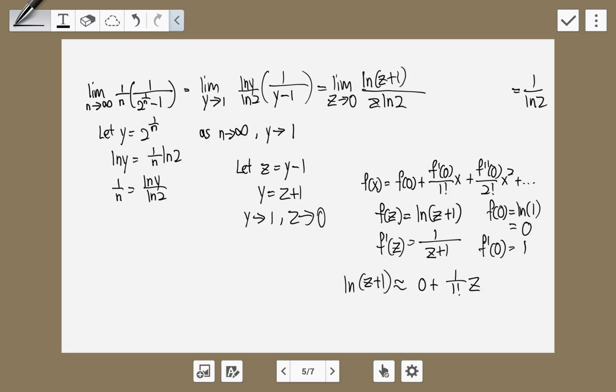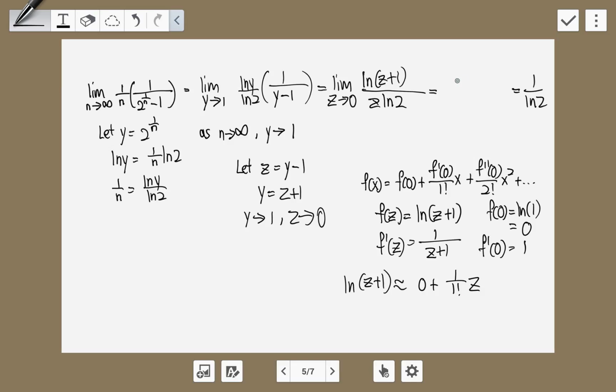When z approaches 0, this is already very small. Even if you have a z squared, it will be even smaller than this term, so insignificant that we can exclude it. So ln(z + 1) is approximately equal to z when z is small.